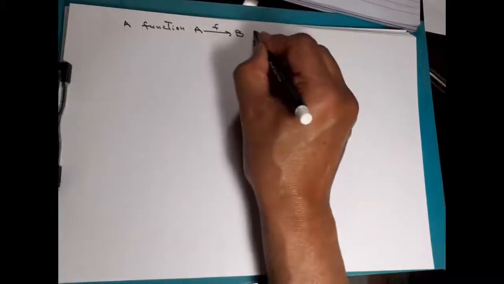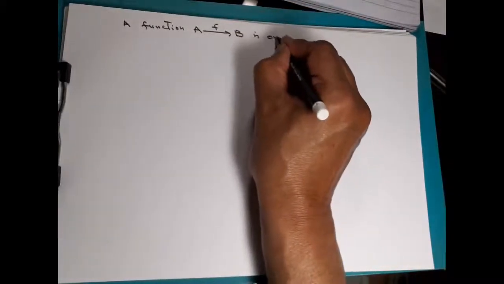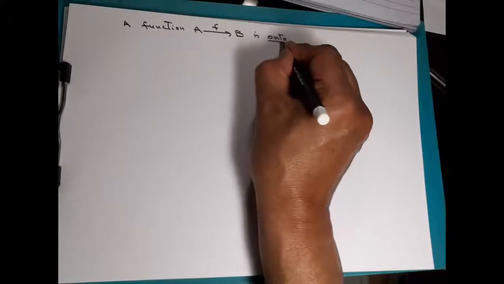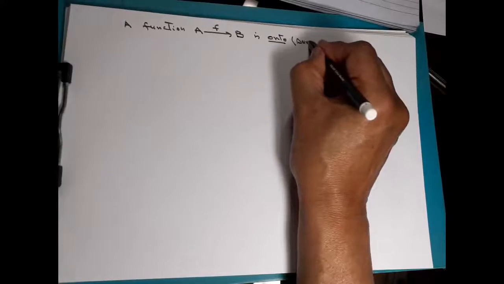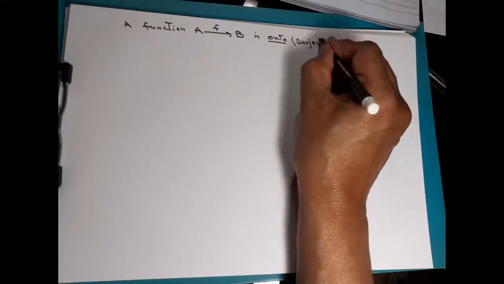So a function f is onto. Onto functions are also called surjective functions. We will call it onto mostly, surjective.